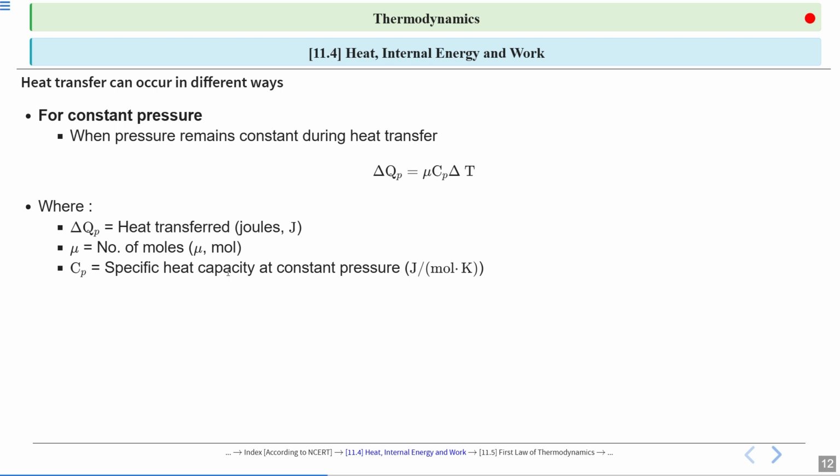Cp, specific heat capacity at constant pressure, unit is joule per mole per Kelvin. Delta T, change in temperature, measured in Kelvin, unit is capital K. So these are the heat transfer ways and their formulas.